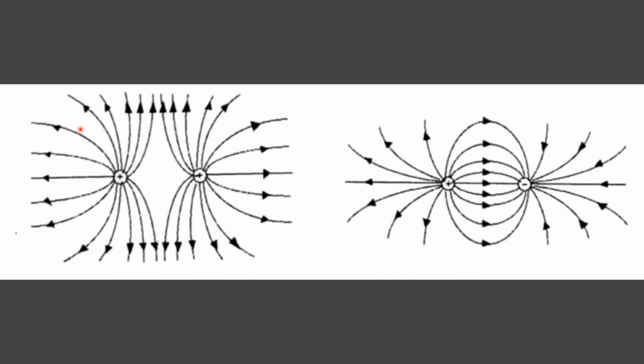You can see both of the two positive charges push outwards, creating this spot in the middle where there is no electric field, because both of the electric fields are canceling each other out due to both of them pushing on any charge that would be placed here, giving it a net electric field of 0. While if I was here and I was a charge, I would experience an electric field going to the left.